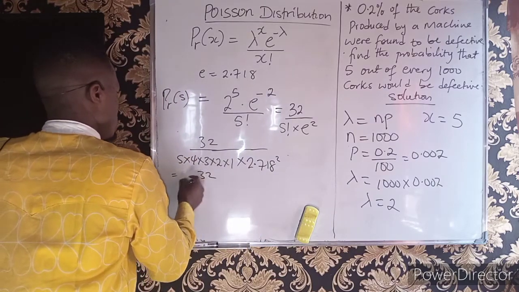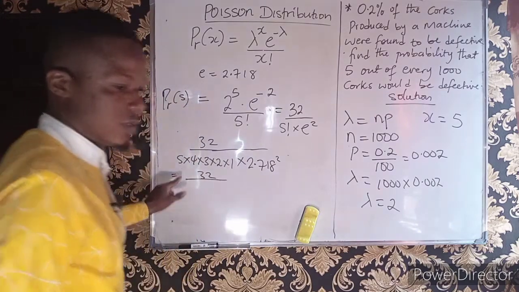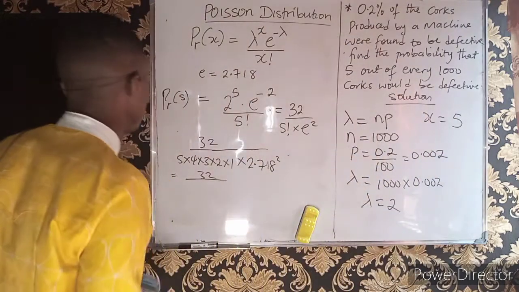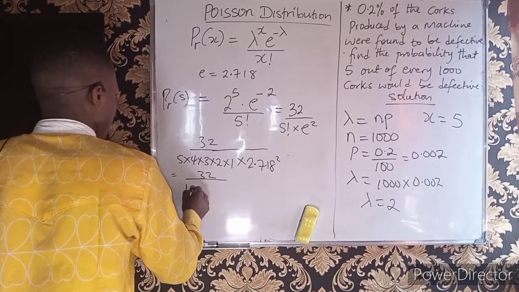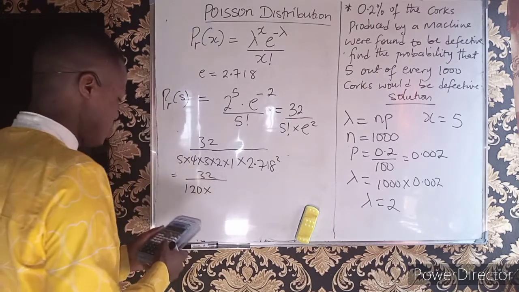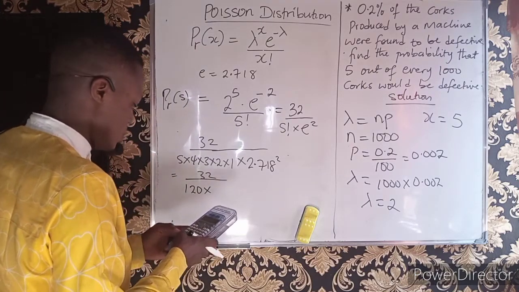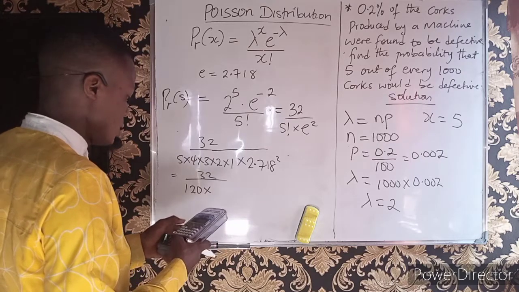So let us get 5 times 4 is 20, 20 times 3 is 60, 60 times 2 is 120. So I have 32 over 120 multiplied by 2.718 all squared.